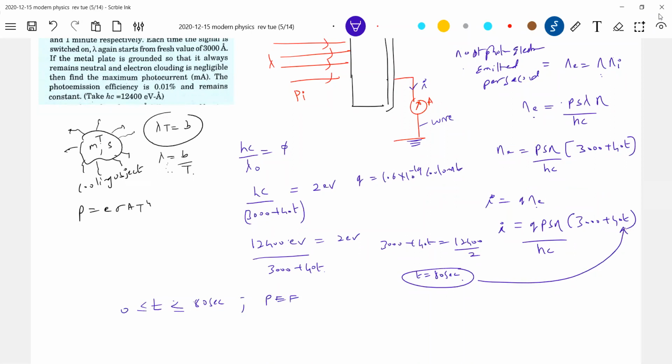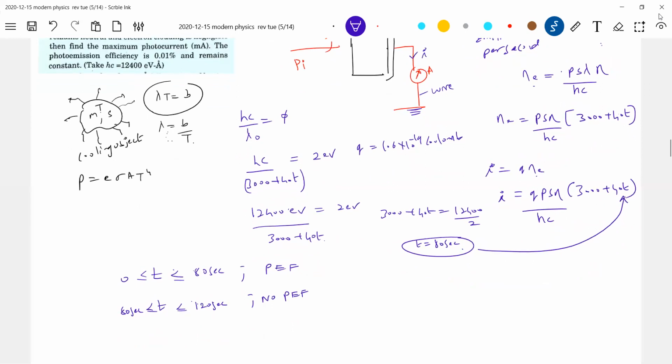For T greater than 80 seconds up to 120 seconds, photoelectric effect doesn't occur, no PEE. Then anyway the signal itself will be switched off.